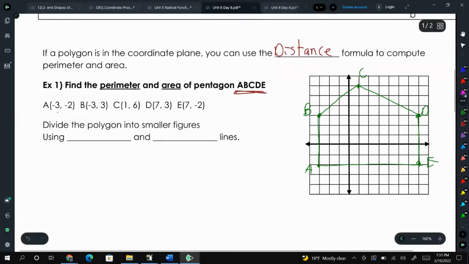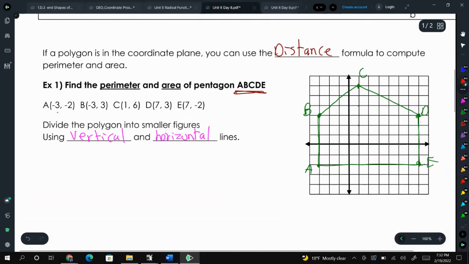Now, when we find the area, we don't have a formula for area of a pentagon, but we could divide this pentagon into shapes we do know by using vertical and or horizontal lines. And we'll come back to that in a minute, but let's do the perimeter first.